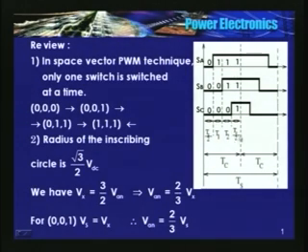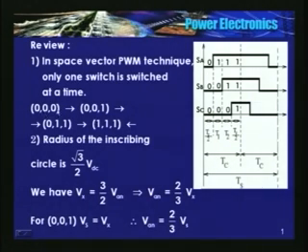That is for Tz by 2 duration, and this entire duration is Ts by 2, where Ts is the sampling period, or the period during which the space vector is stationary.